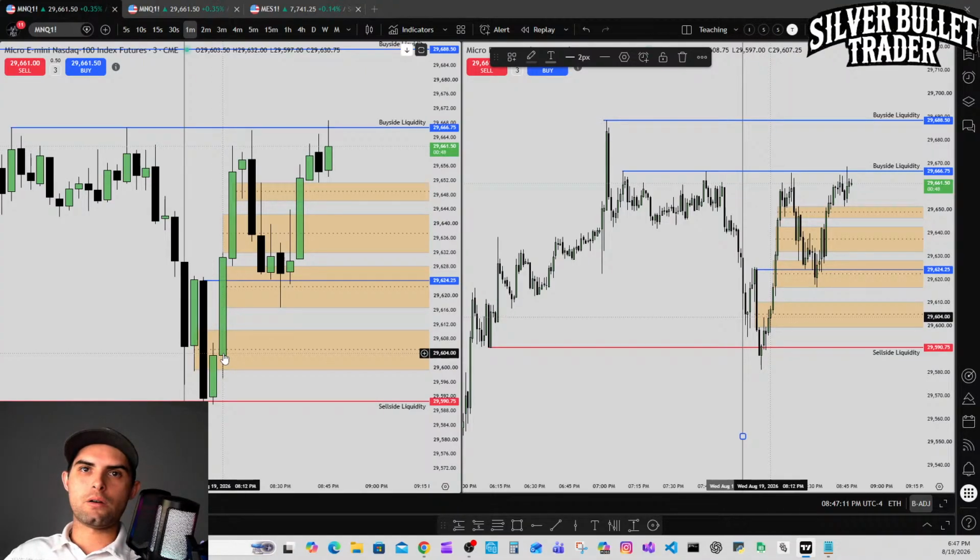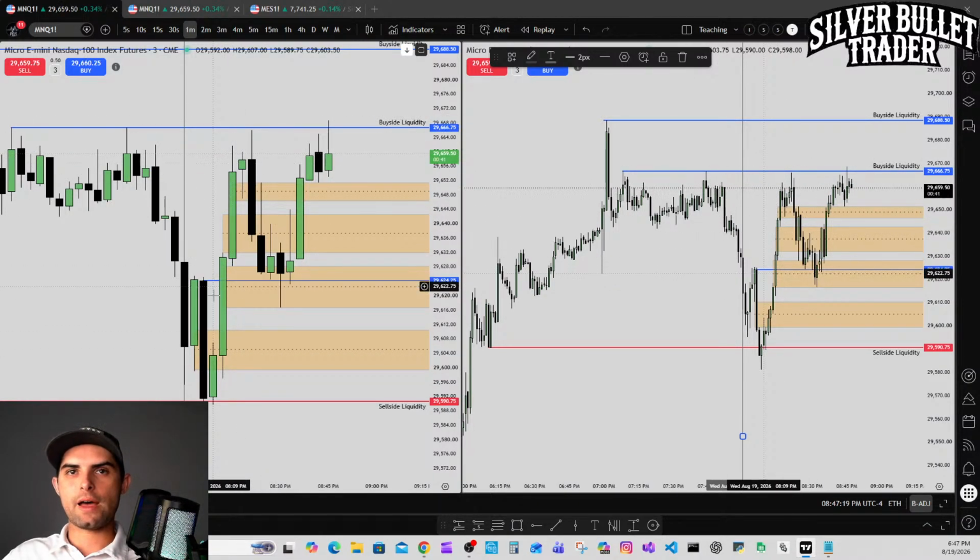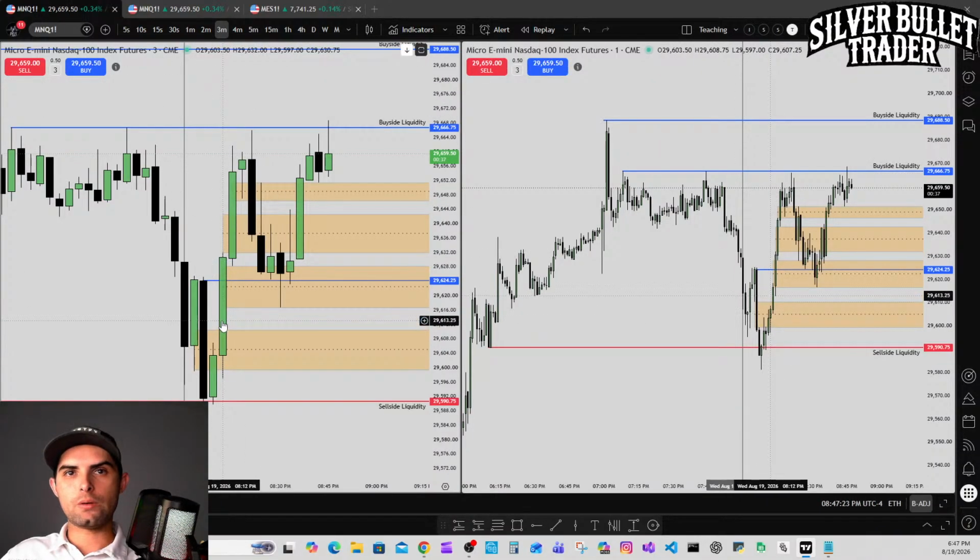And then we were looking at the 5-minute chart originally. I saw that it had the potential to run really fast, so I went down to a 3-minute chart. It was trading about right here when I moved down to that 3-minute chart, and I was waiting for a reaction down into this level.